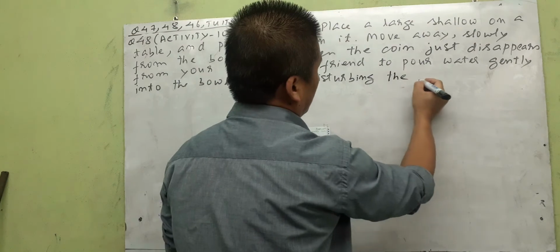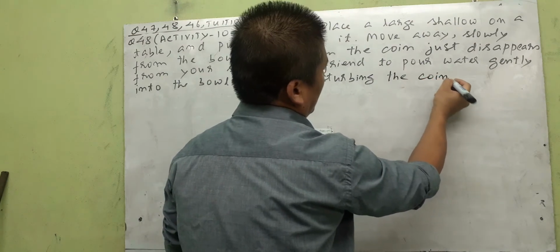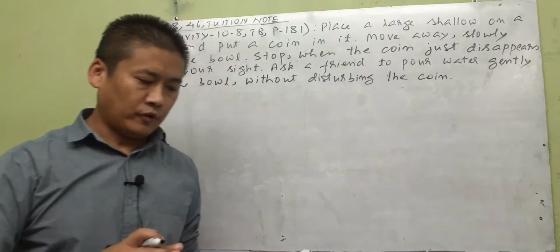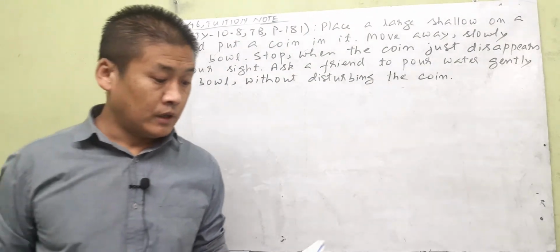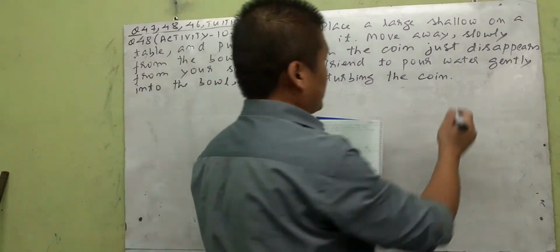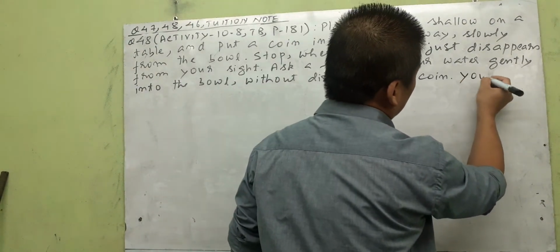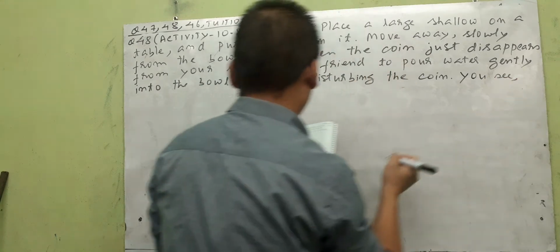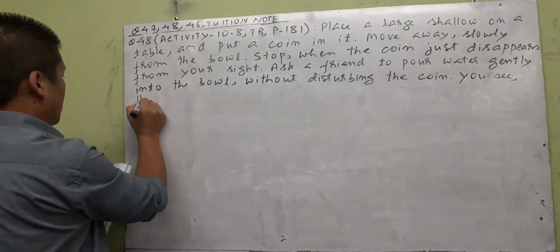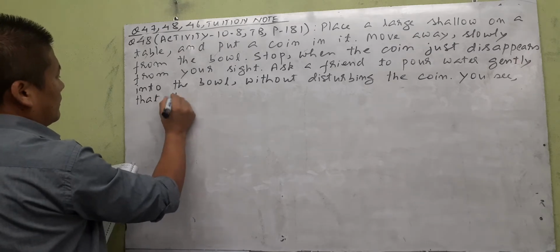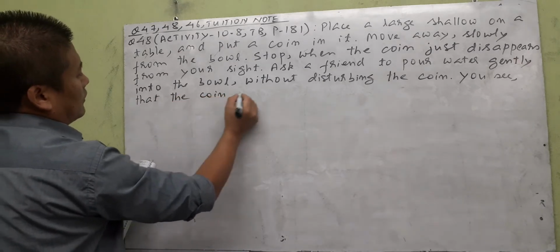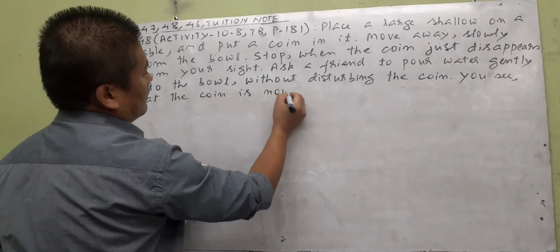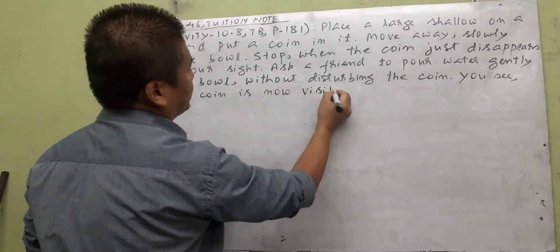So the friend that you ask should pour slowly so that the original position of the coin is not disturbed. You see that the coin is now visible. When your friend does that, you see that the coin is now visible to your eye.